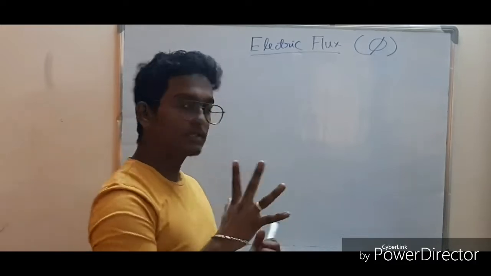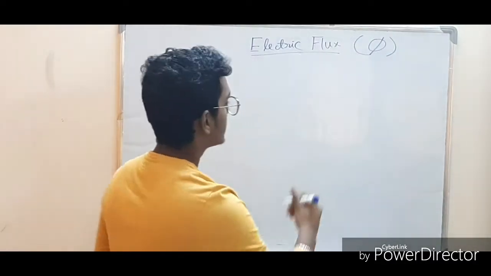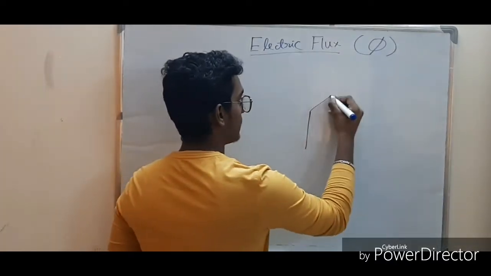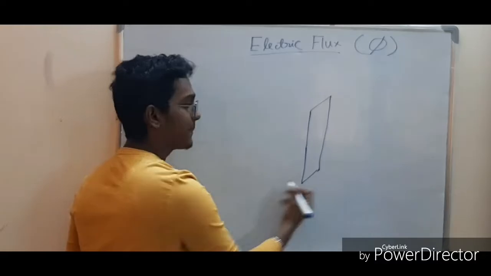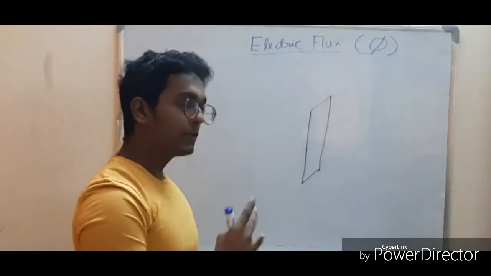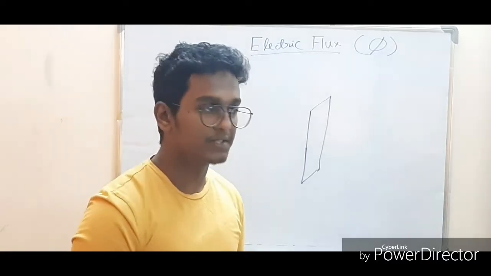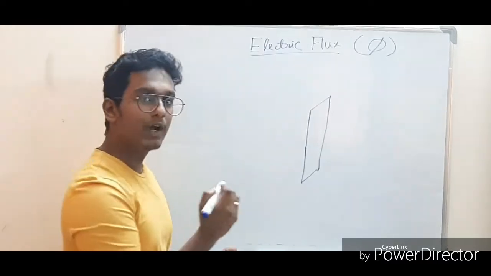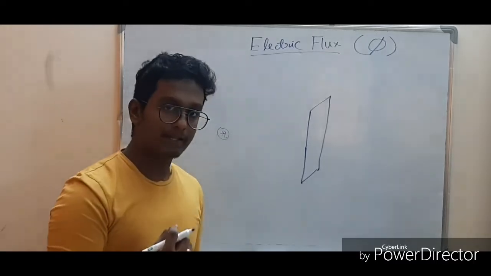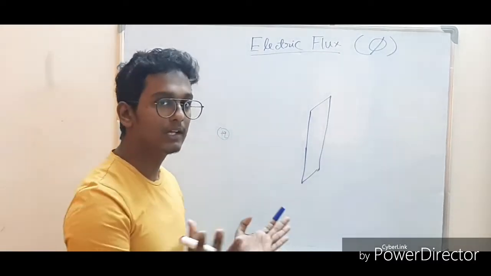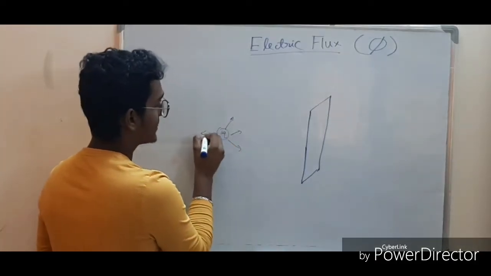So let's consider a surface. For simplicity, we'll go with a plane. So you have a plane in free space. And we need electric field lines that are parallel to each other for study purposes. But if you place a small charge, charges emit electric field lines radially outward, that is, in the form of circular paths.